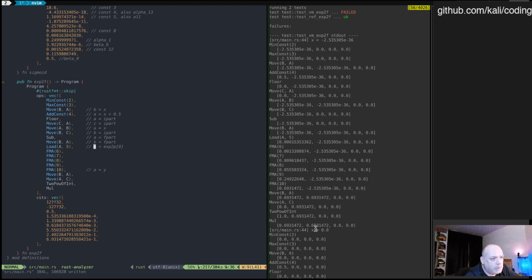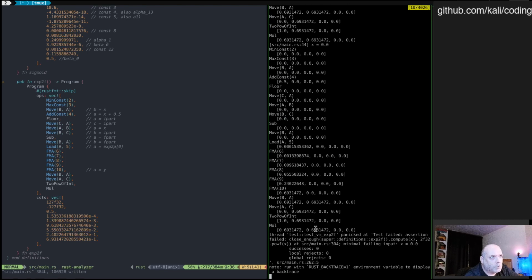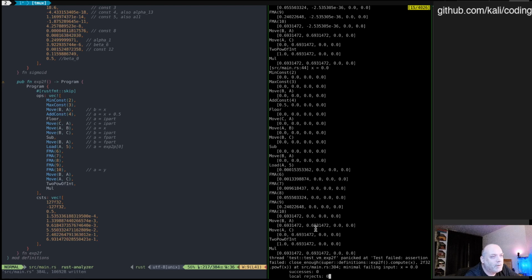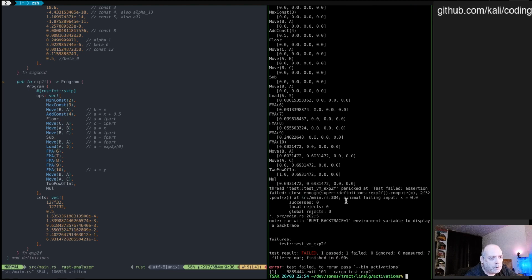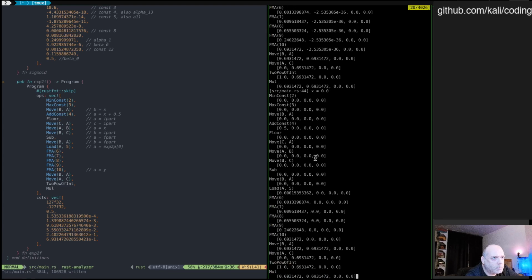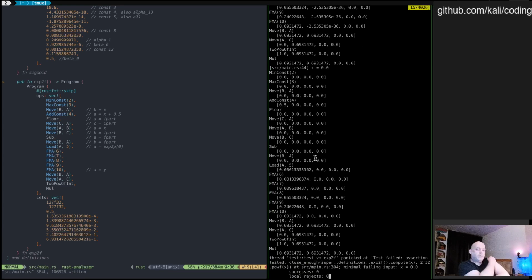Yes, and it's actually not the one which is wrong. This is the one which is wrong. And why is it wrong? Because, something I don't understand. Okay, minimum, and so it fails for x equals 0. We're returning 0.69 for x equals 0, so that's definitely not correct.